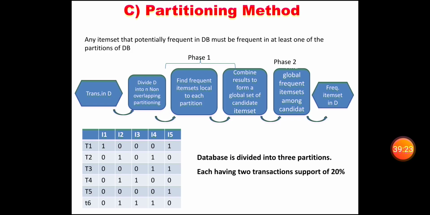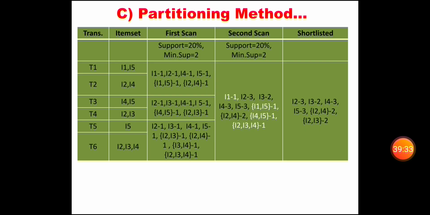So here we have taken the minimum support as 2 transactions, I told you it is 20%, it must be 2. So when we compare this count with the minimum support, it is less than the value. So the white color identified item sets will be removed and the black color identified item sets will be taken, that is the shortlisted item sets.